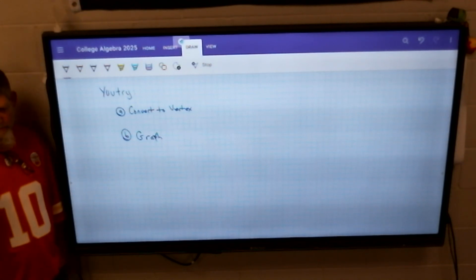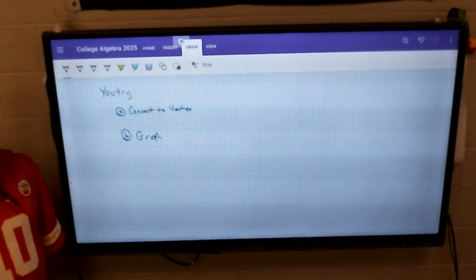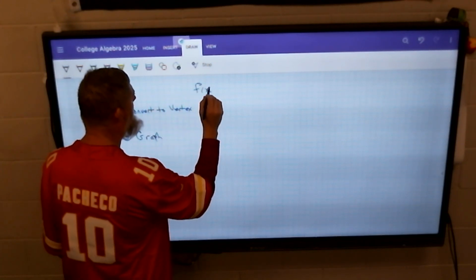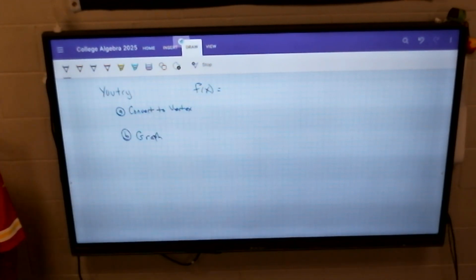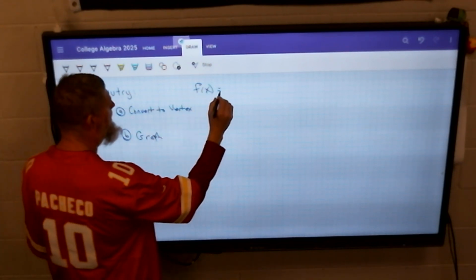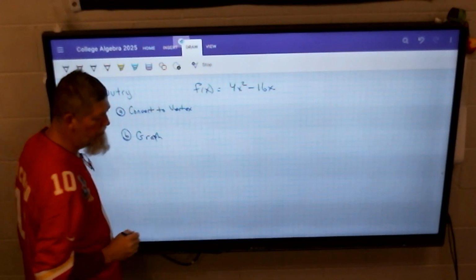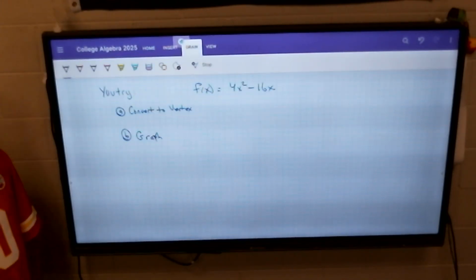I understand you're doing paper and pencil. Some of you don't have grid lines, so just make it close. So your function is this: f of x equals, let's pull one randomly off the top of my head. How about 4x squared minus 16x plus 3.